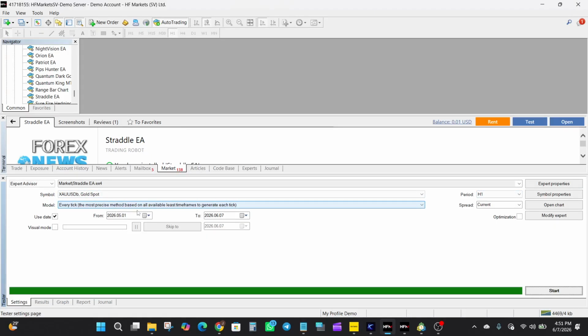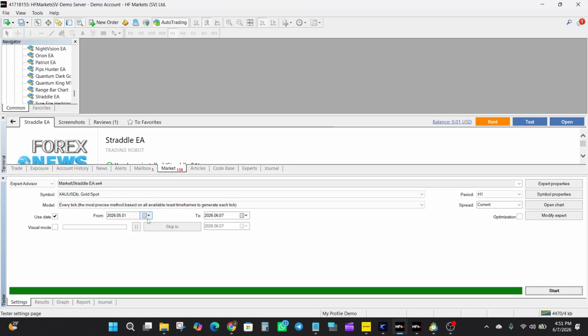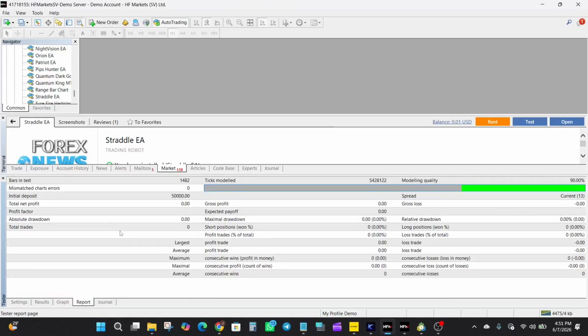I'm using the every tick modeling, and I'm running the test over the past month. All right, so let's quickly go to the report, and we can see that the EA didn't give us any trade executed.